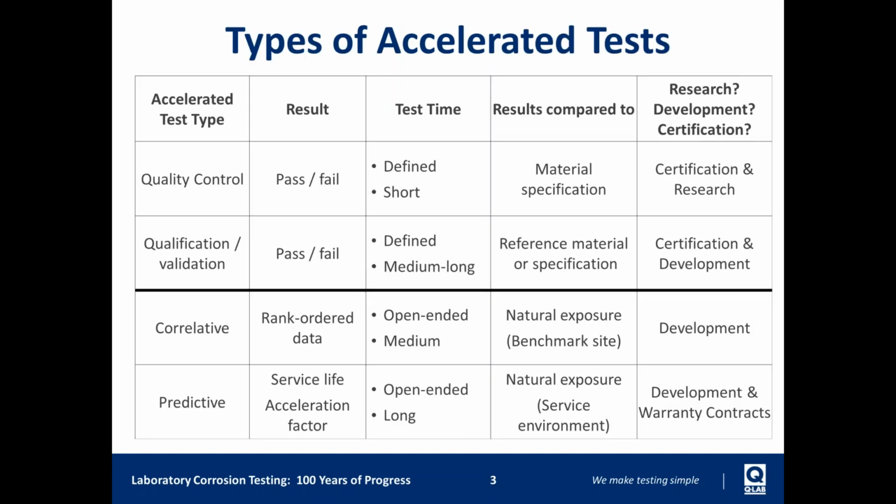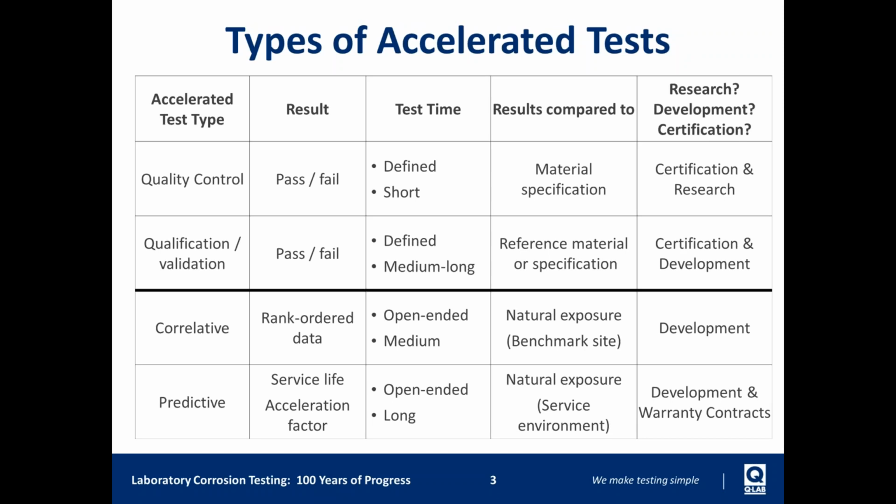So the first thing we wanted to cover was to go over the different types of accelerated tests that exist, because it's important to identify what you're trying to run, because that will help you pick the appropriate test for your application. So the first one that we're going to start with is talking about quality control.